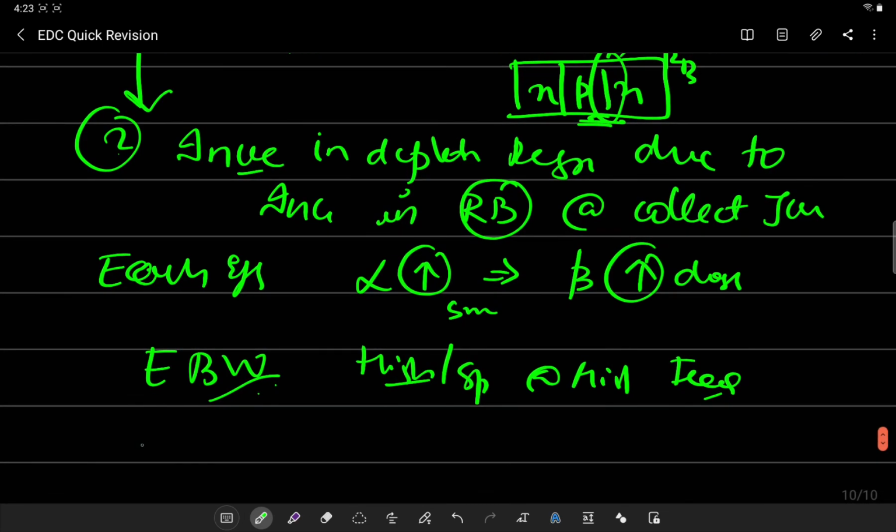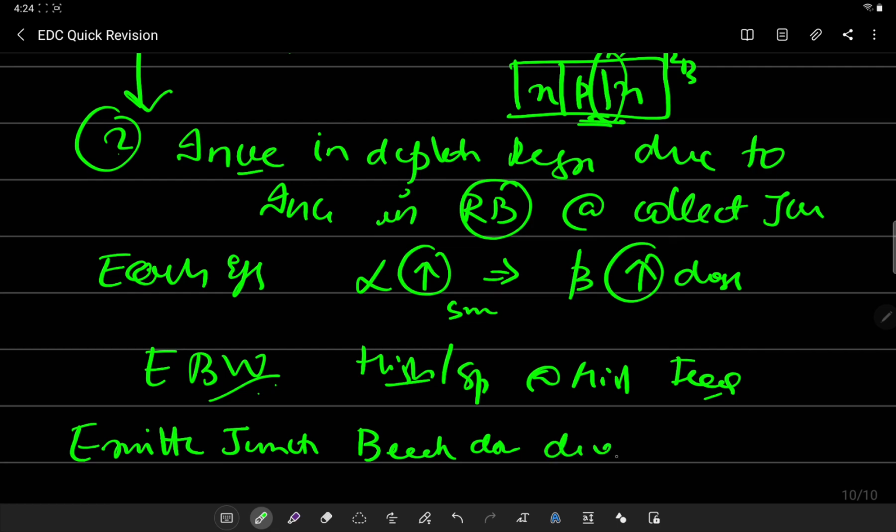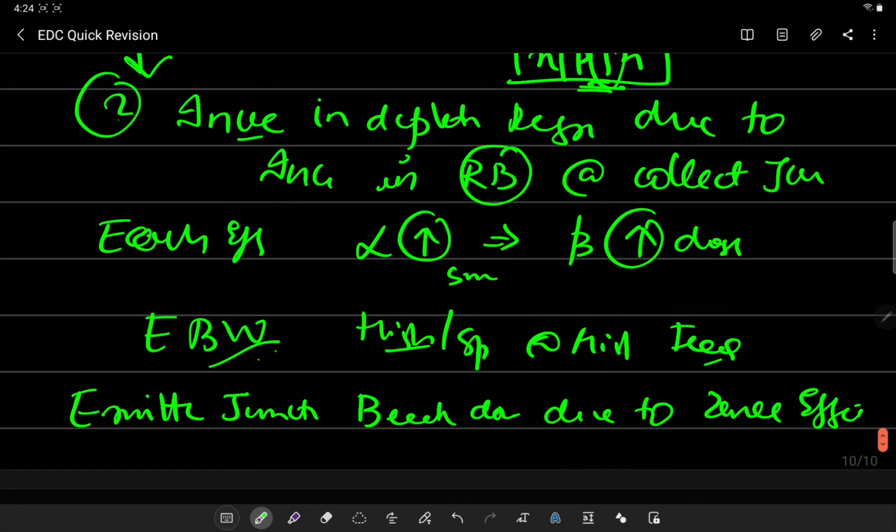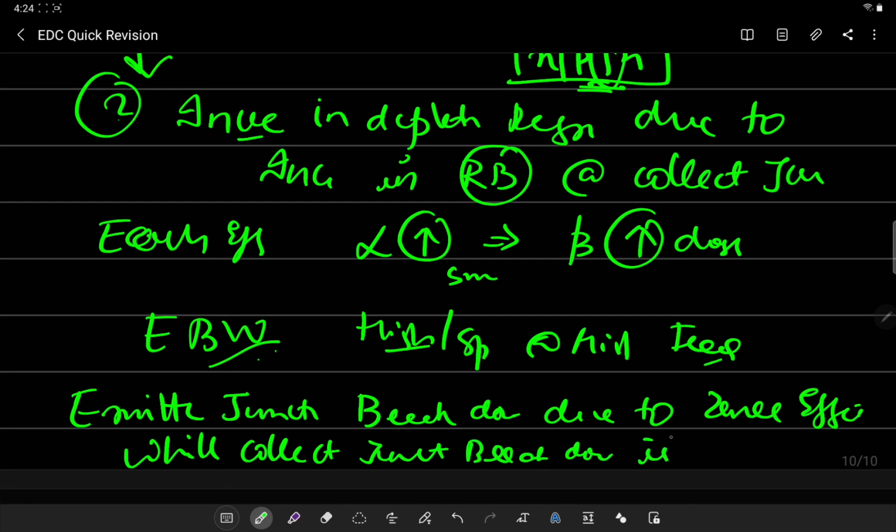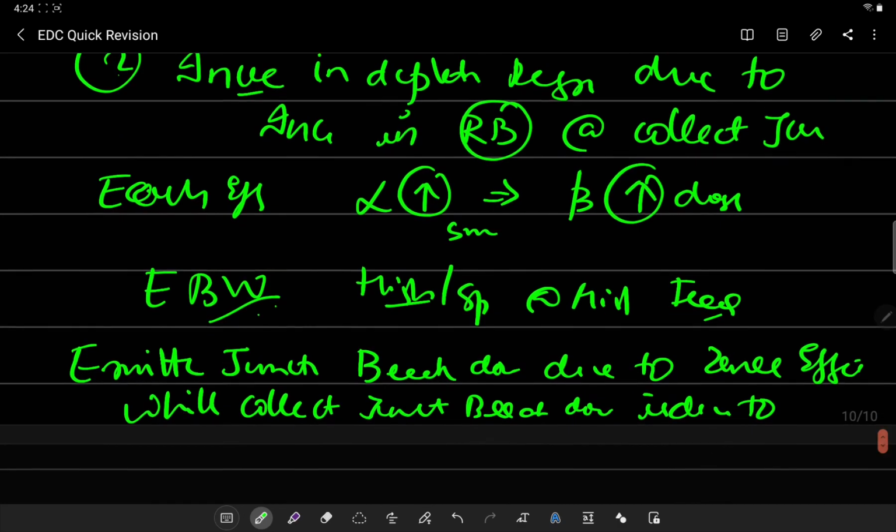There is a chance of emitter junction breakdown due to Zener effect, while collector junction breakdown is due to avalanche effect.